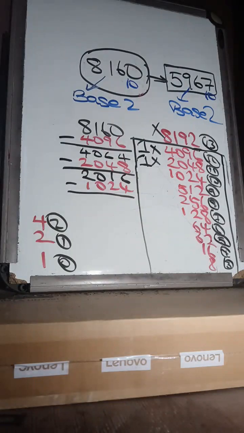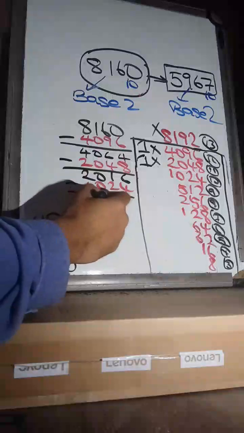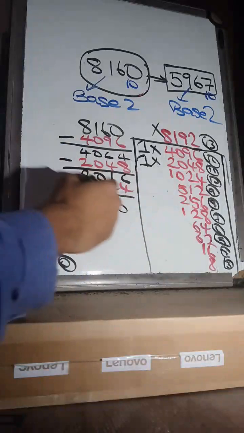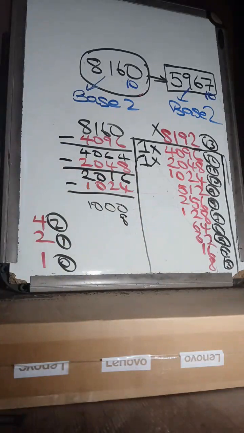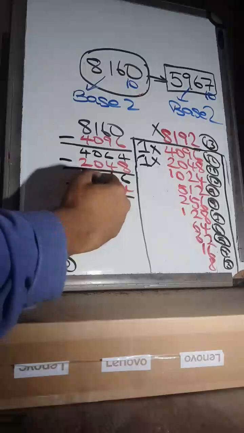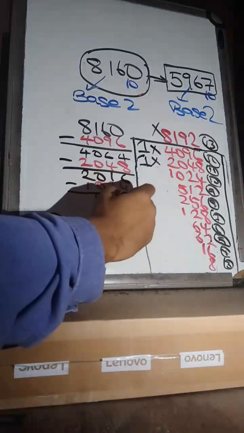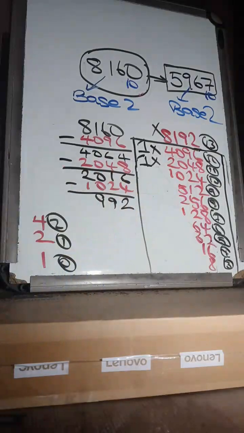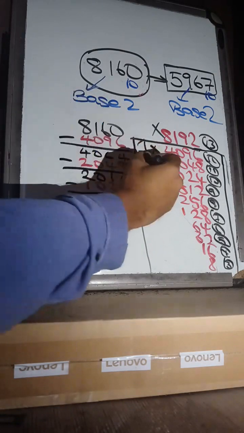So, when we subtract that from that now, what do we have? 1016 from that, and 1016 from that is, so this is looking a lot like 992. Yeah, 992. So that means we use one of this, one of this, one of this.